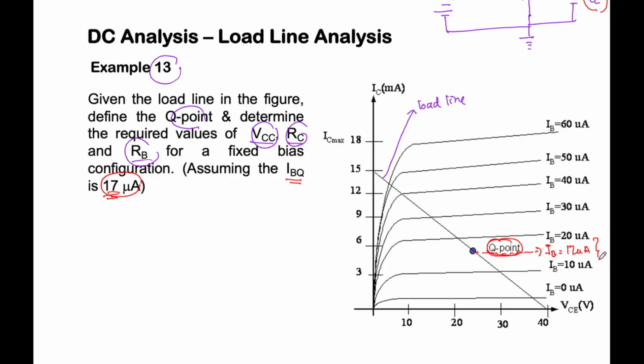The value of your IB can be between 10 micro and 20 micro, so you can take around 15, 16, 17, 18, 19 micro, it will not be wrong. But if the assumption value is given, then you have to use it. Clear?